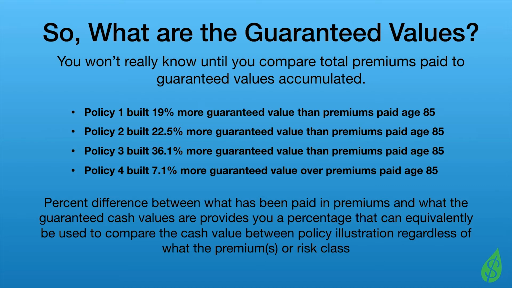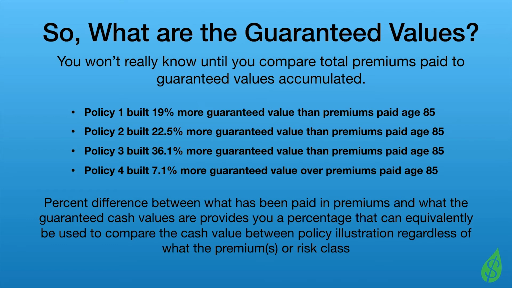Recently, we had the opportunity to compare 4 different policy illustrations from 3 different companies. And it's very fascinating. The first 2 policies were from the same company. And look at the difference between premiums paid and cash values by age 85. The first policy had 3.5% less in cash values than had been paid in premiums by 85.